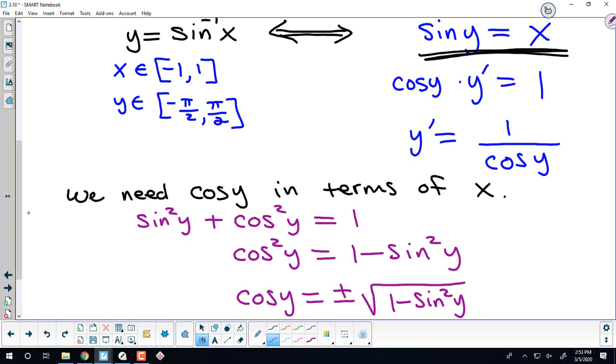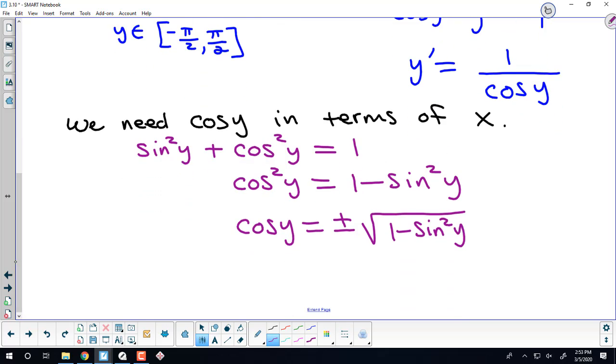Sine of y is x, so sine squared is x squared. Okay, let's write that. Cosine of y is plus or minus the square root of 1 minus x squared.